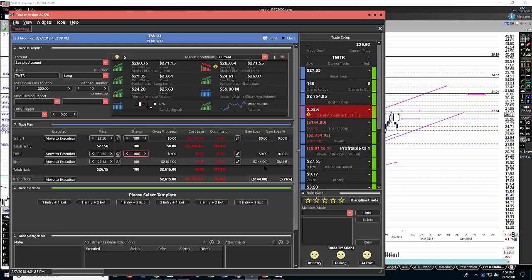Well, in this case, we're risking 145 bucks to make 3 1/4. So we're getting about 2 1/4 to 1. And we are able to get our goal off of the trade at this first target, our only target, and therefore it is a valid trade.